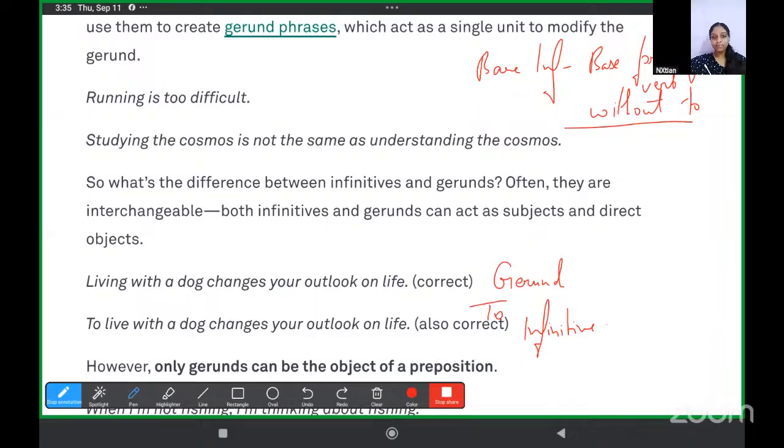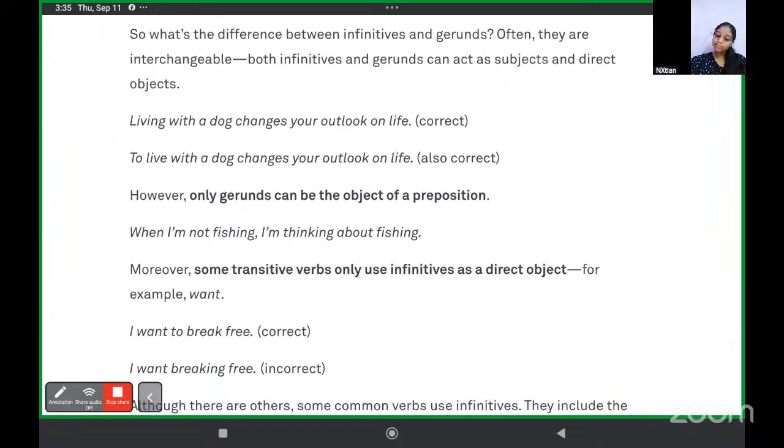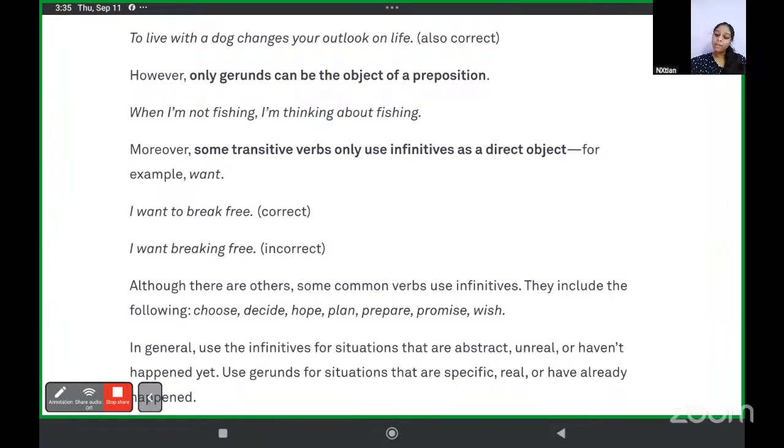Now, however, only gerunds can be the object of a preposition. When I'm not fishing, I'm thinking about fishing. Moreover, some transitive verbs only use infinitives as a direct object. For example, want.